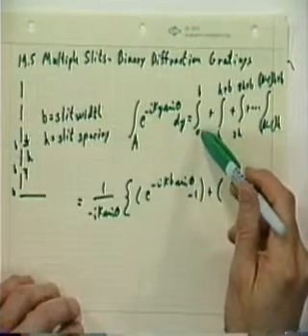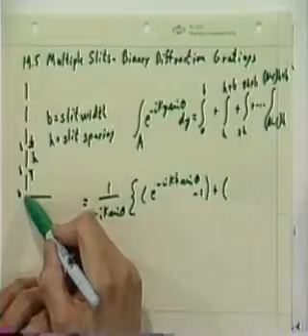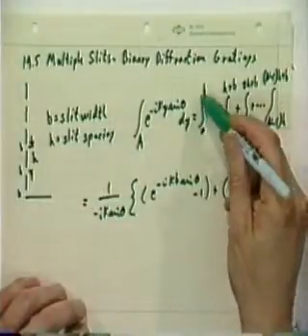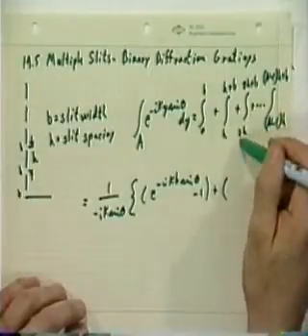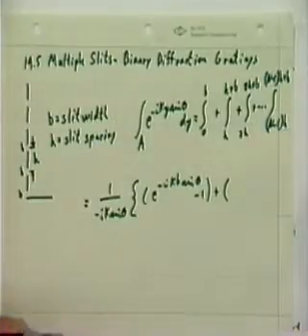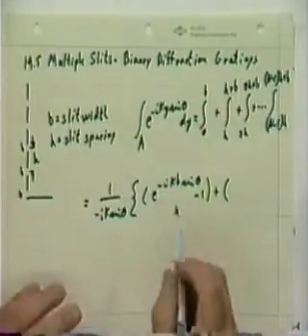For the first slit, the way we picked our coordinate system, the lower portion of the slit was at y equal to 0. So the first integral would go from 0 to b. The second one would be h to h plus b, and then 2h to 2h plus b, and so on, up to n minus 1 h to n minus 1 h plus b. And I think we started to do that integral.